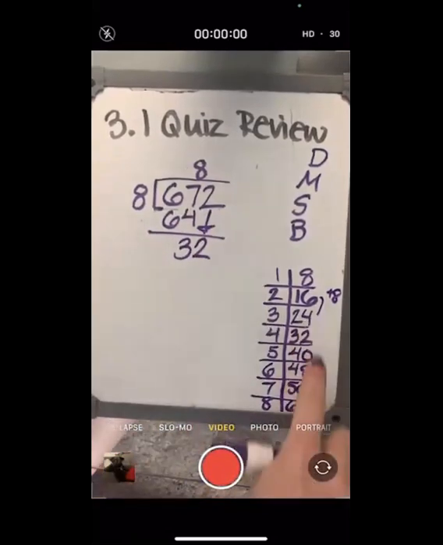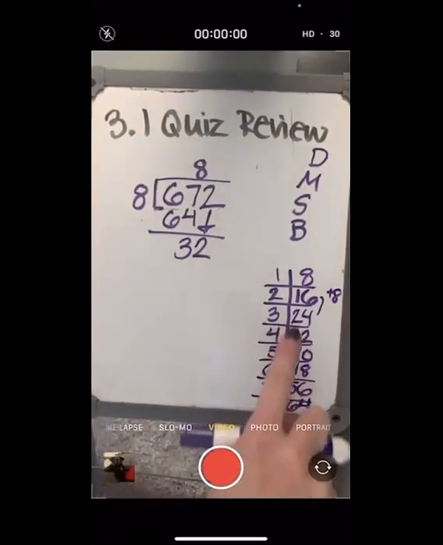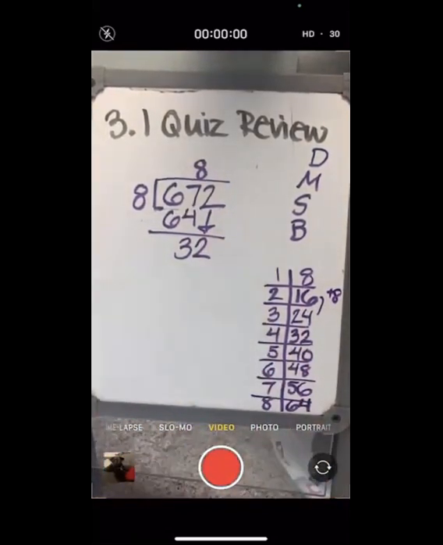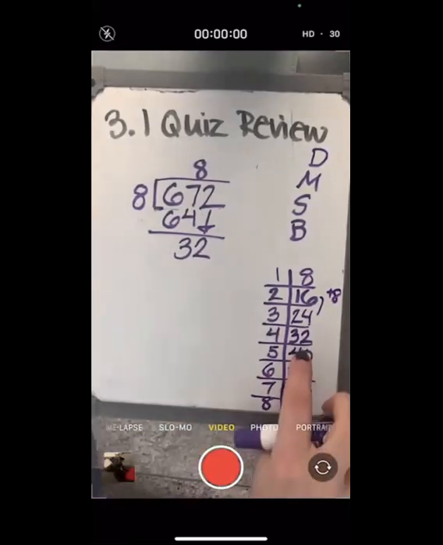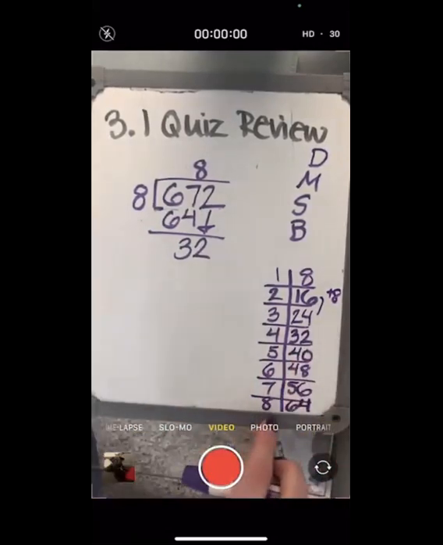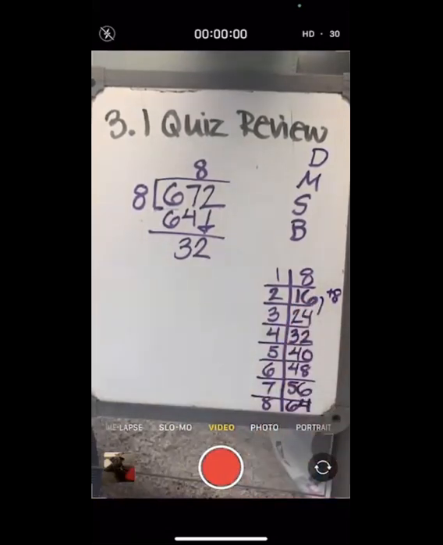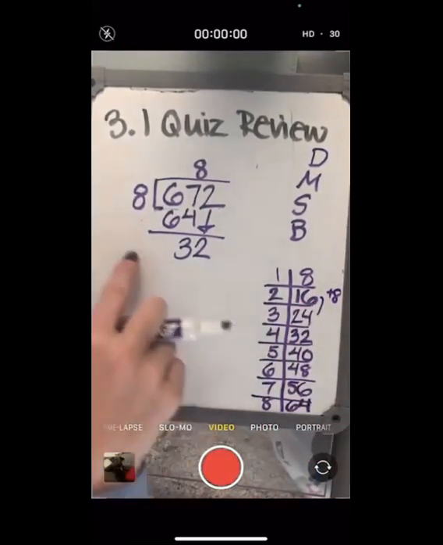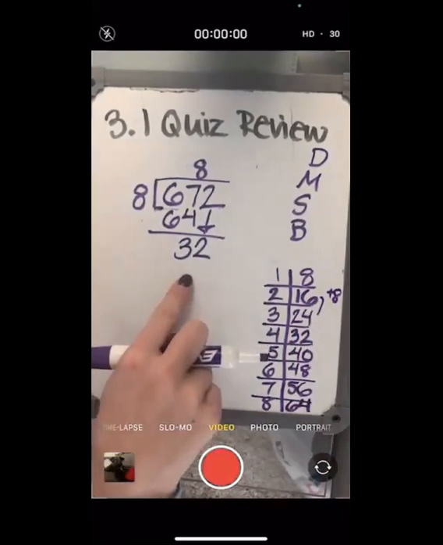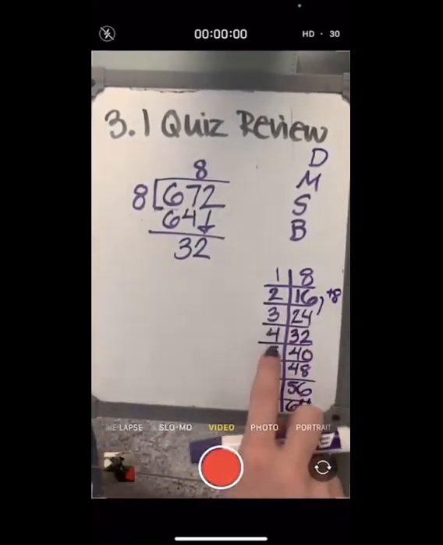PJ, do you notice anything? Look at our ratio table. 32 is in the 8 family. Guys, the ratio tables are so helpful because it's already on your paper. You're looking at it and you're like, how many times does 8 go into 32? There's my ratio table, and there's 4.